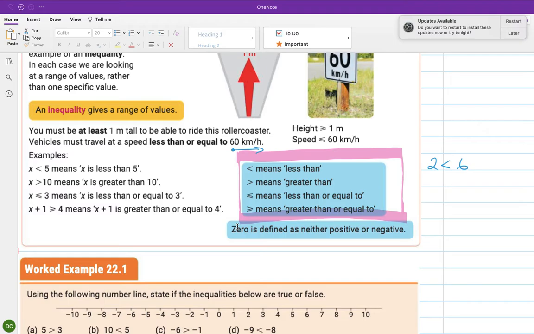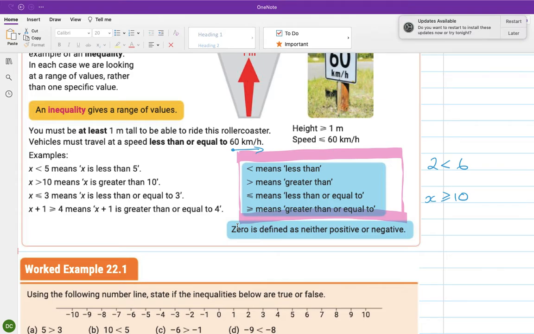I think when you were in primary school, you could read it from either side, but generally speaking, we read it from the left. So 2 is less than x. Another way to say it is you read it from the variable. So if you had something like this, we would read x is greater than or equal to 10.